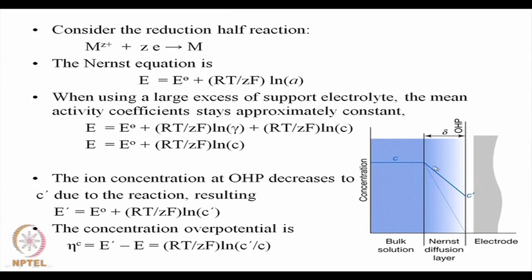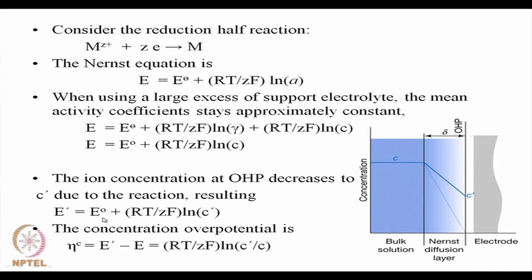This is your outer Helmholtz plane, this is your bulk solution, this is your electrode. This value has reduced because of this reaction. Actually, at the electrode it should be 0, but suppose it is reduced to here, then E becomes E prime.